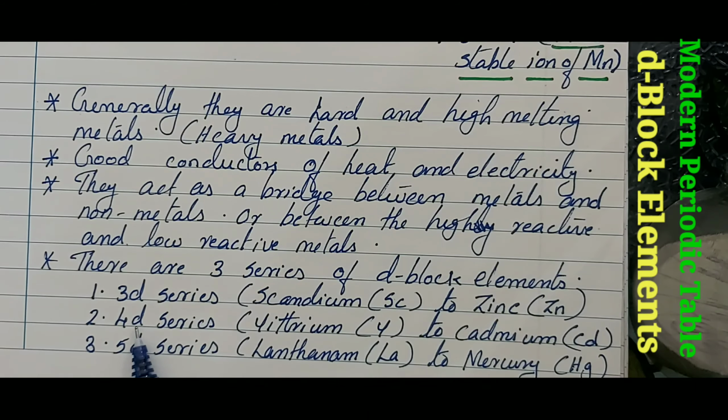The last electron will be going to the 4d subshell. Then the 5d series, or the third series of transition metals, is lanthanum to mercury. Here the last electron will be going to the 5d subshell. Hope this much is clear. In detail, I have given you a video about D block elements.